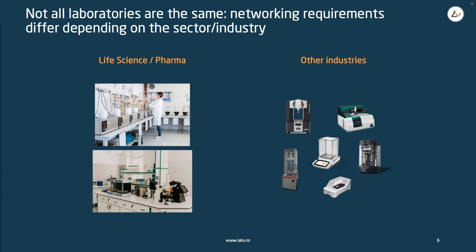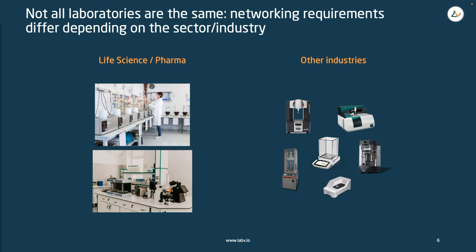In the same way, a laboratory is not a laboratory, because bringing equipment into a network is a different story whether you are in the pharma or life science industry or in another industry like chemicals, polymers, or even the rubber industry. Why?